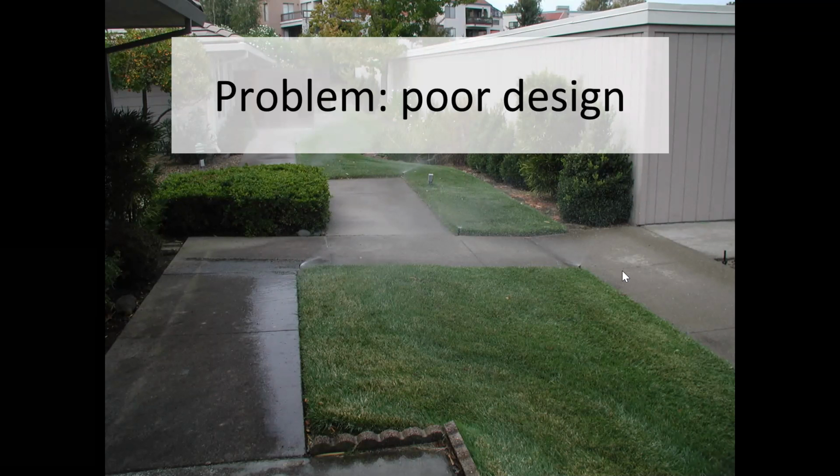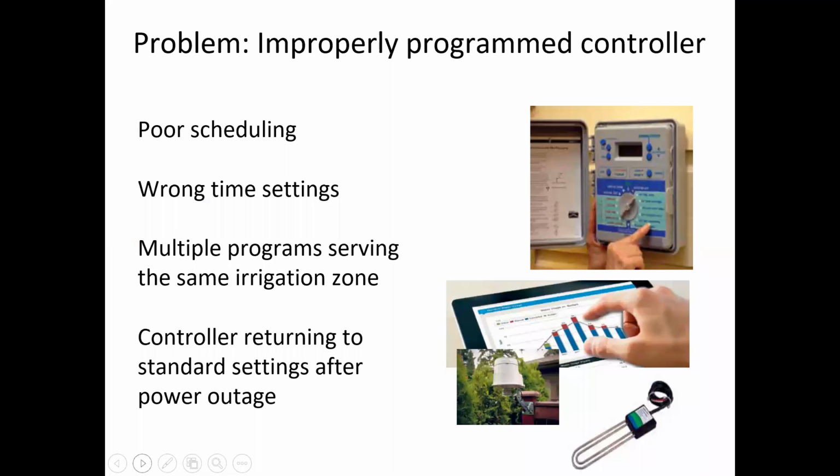So let's talk about how to make sure your controller is programmed the best that it can be and that you're checking it the right amount of times and making adjustments as needed. When you're doing your irrigation audit, some issues that you could find with your controller are poor scheduling, which we'll get more into later, and wrong time settings.